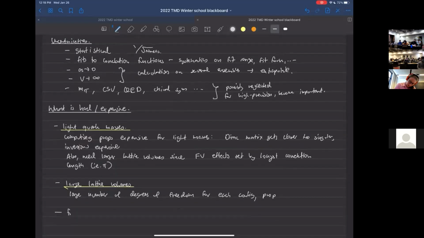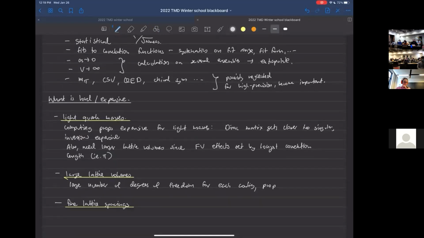Fine lattice spacings. So I guess it's not escaping anyone that all the limits we want to take, like the lattice volume getting big and the lattice spacing getting small, are hard. One easy way of thinking about this is that the hybrid Monte Carlo algorithm that you use to generate the gauge fields we discussed yesterday is really an updating algorithm, and those updates are basically close to local, or they're diffusive.